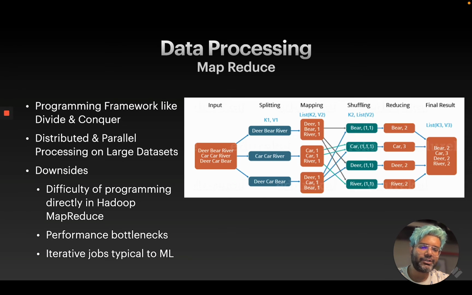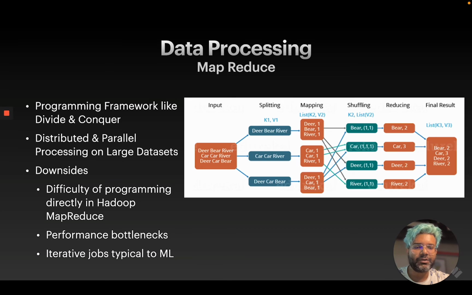So that's what happens in the shuffle phase. And as we can see, in front of bear there are 2 ones, and in front of car there are 3 ones.